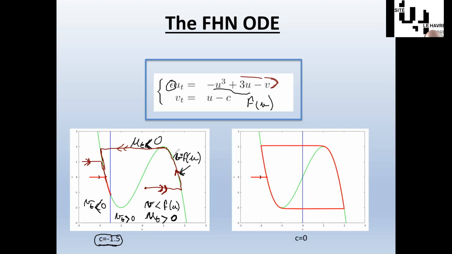Then they reach this null line, and they evolve there, and then they can quit. But if they quit this curve, the trajectory is very fast again, and eventually I go to a stationary point, or in this case, depending on the value of c, a limit cycle. All right.